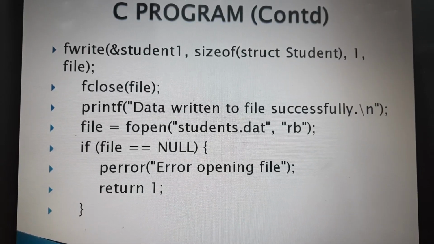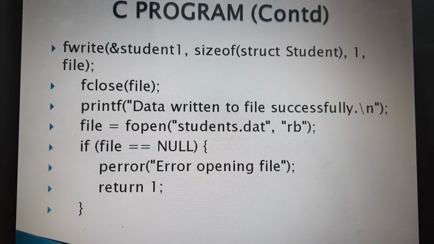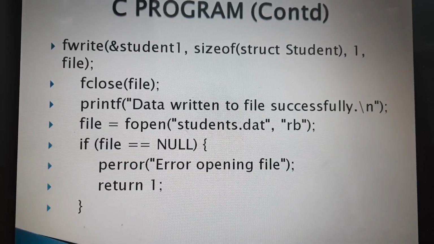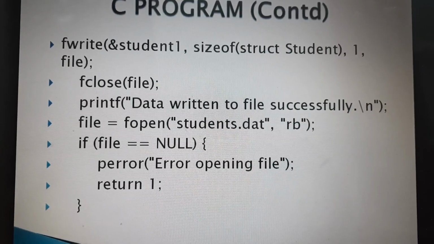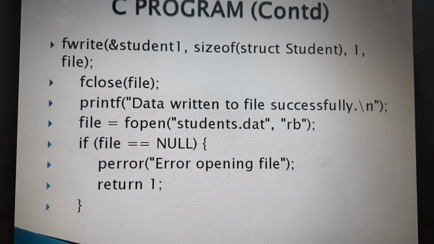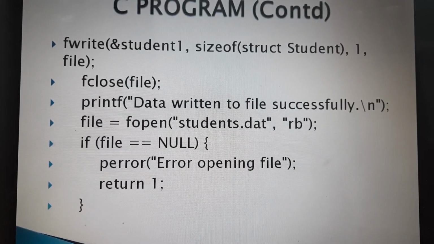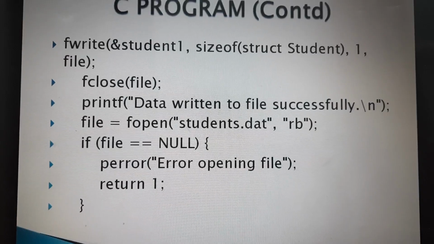And sizeof struct student represents the memory allocation, the memory bytes. And 1 means one item has to be processed at a time. If it is a reading operation, one item is processed. If it is a writing operation, one item is processed. And file contains the location.